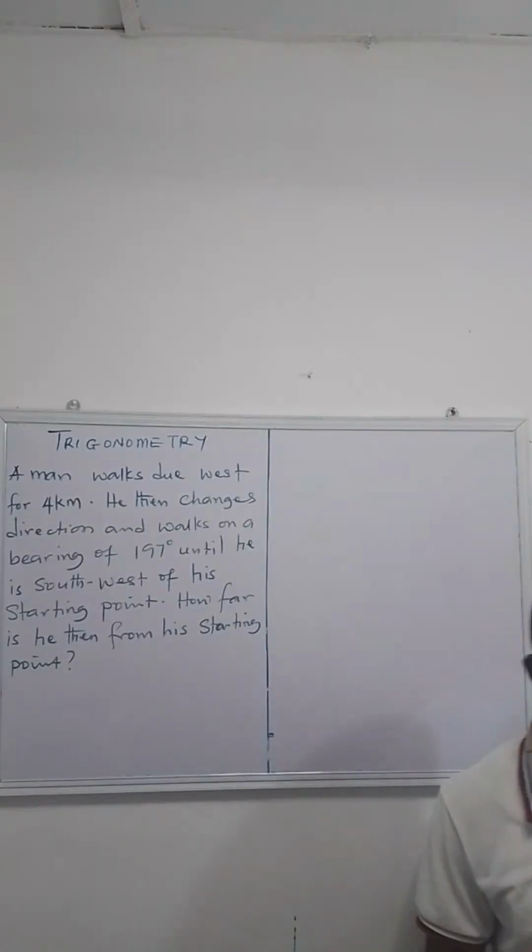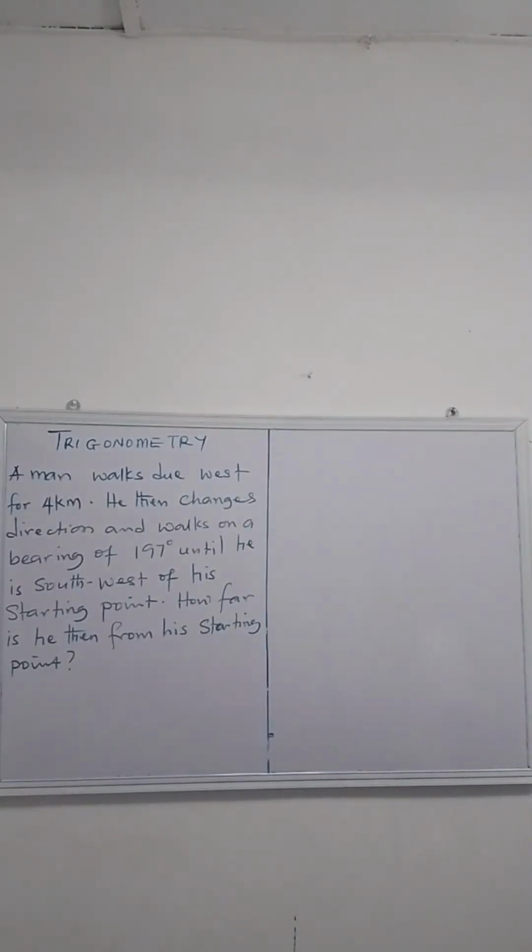Okay, I want to believe everyone can hear me. Can you all see the board? Can you see the question? Can you hear me? Okay, I can see a response.